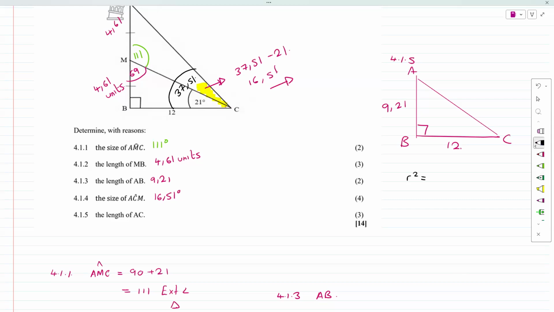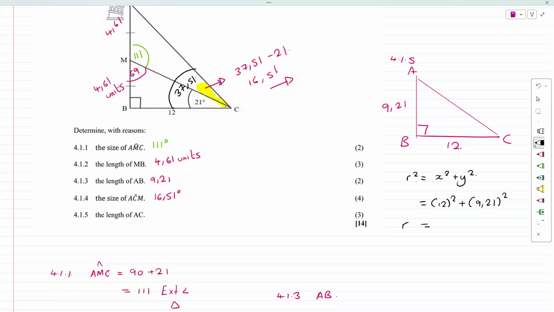R squared equals x squared plus y squared. We're getting the hypotenuse, so it's very straightforward. 12 squared plus 9.21 squared. And this should equal 12 squared is 144 plus 9.21 squared.